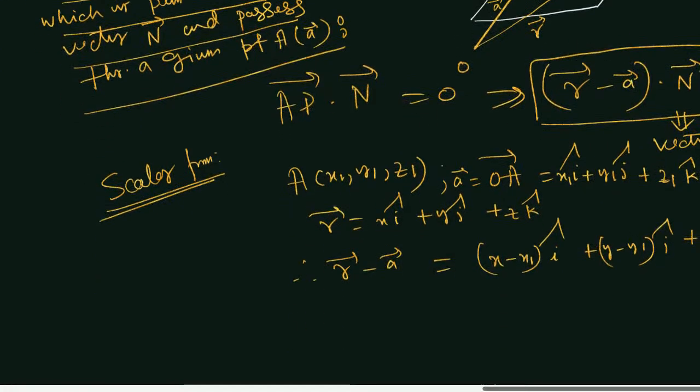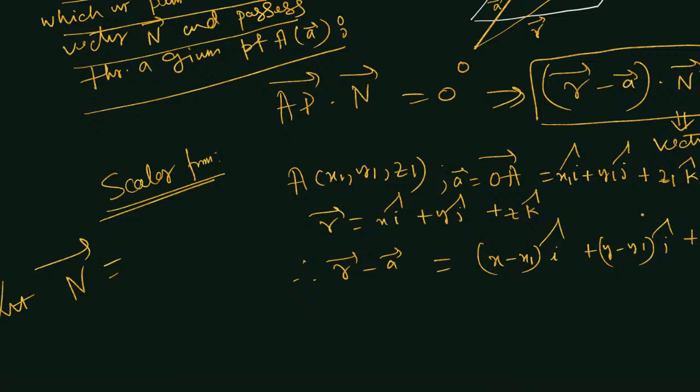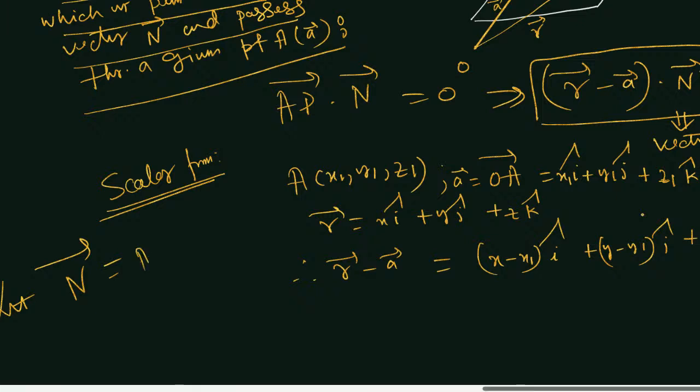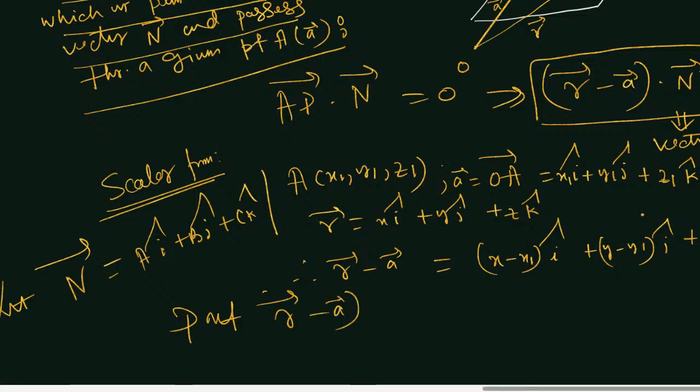Now there is the dot product here. That n cap you take in this manner. It is not a unit vector, it is a vector. Let us take this one as ai plus bj plus ck. Put r minus a dot n equal to 0.